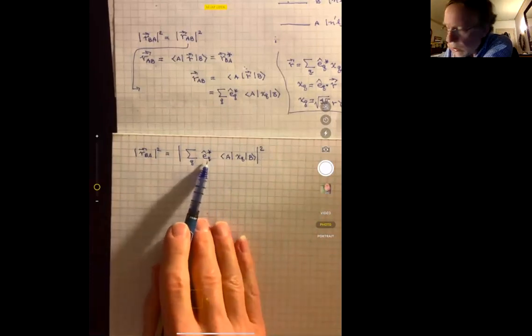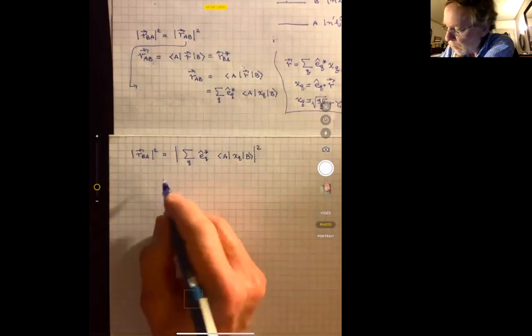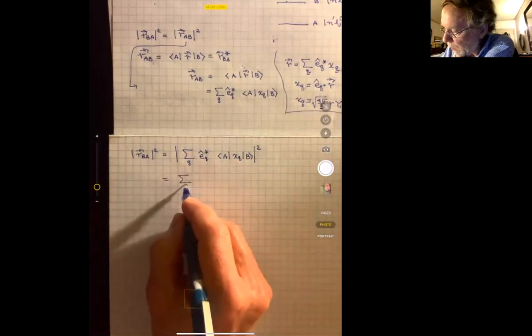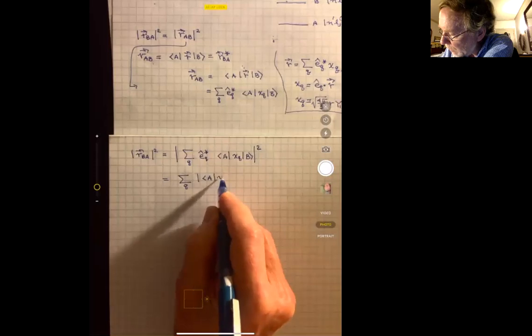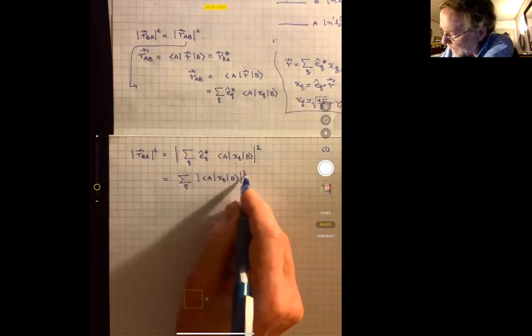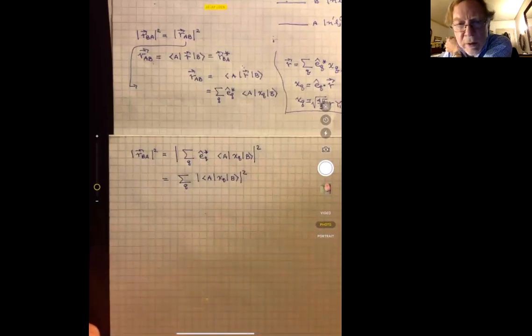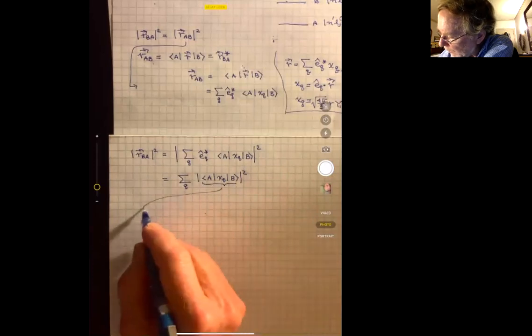But the e hat sub q's are an orthonormal basis. And if you want to square a vector whose components in an orthonormal basis are given, you just sum up the squares of the components. So this is just equal to the sum on q of the absolute value of the components squared, like that. So now we're reduced to evaluating this matrix element, and let's work on that.